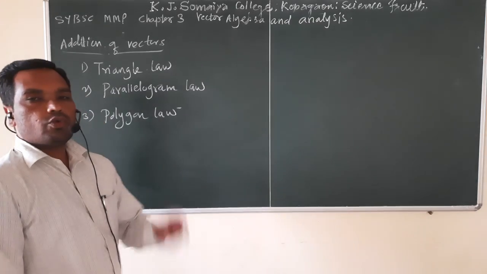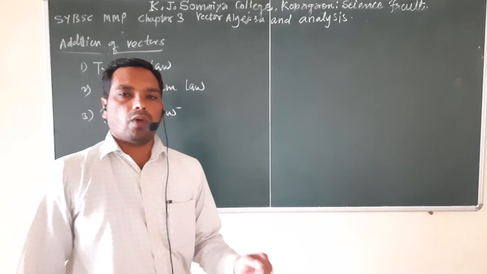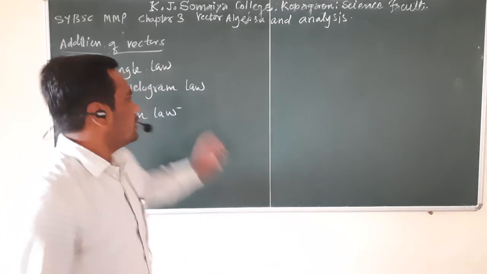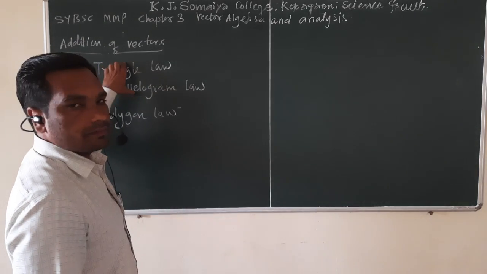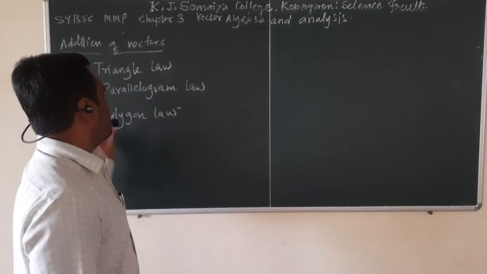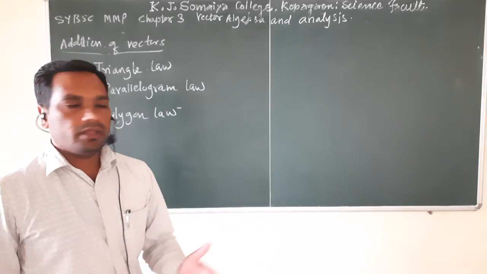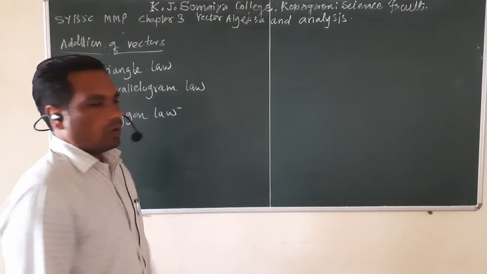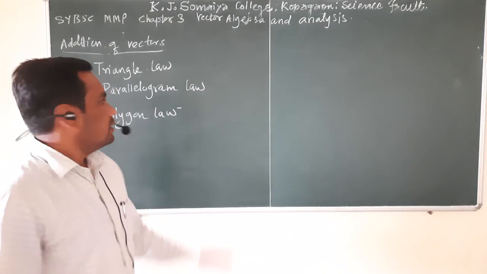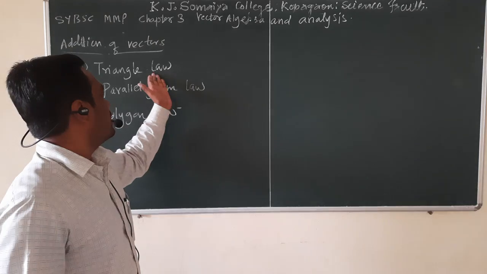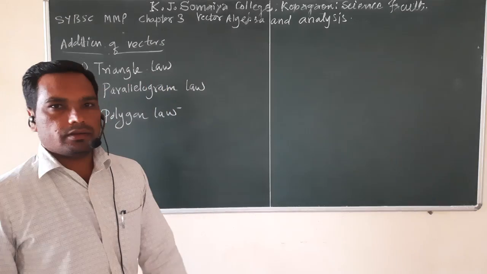If we have two vectors and want to add them, we can use the first two laws. And if we have more than two vectors, 3, 4, 5, then we must use the polygon law of vector addition. First of all, we are going to study how the triangle law of vector addition works.